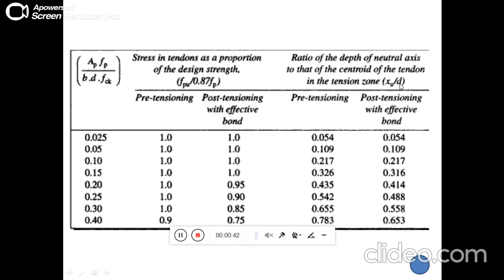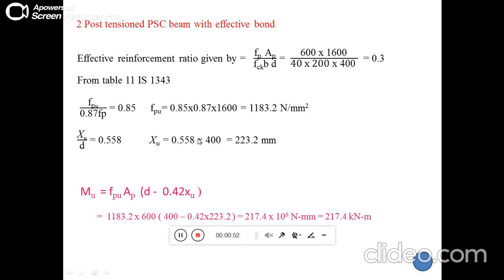And again for XU by D ratio, we will be taking the values from post-tensioned with effective bond.